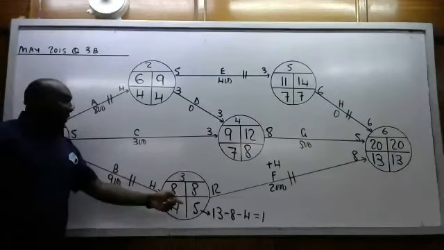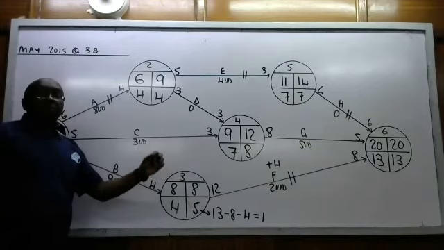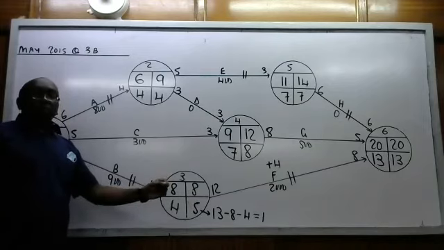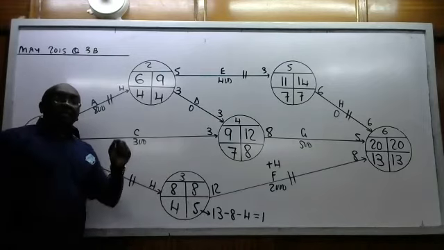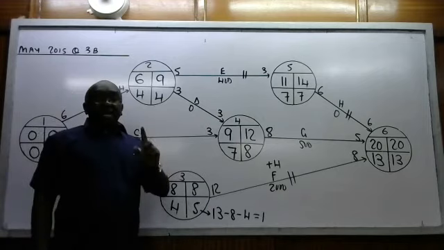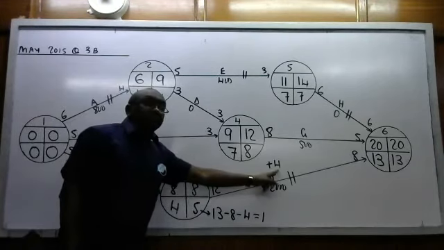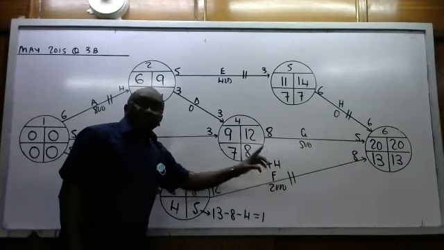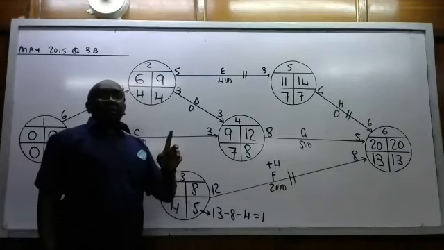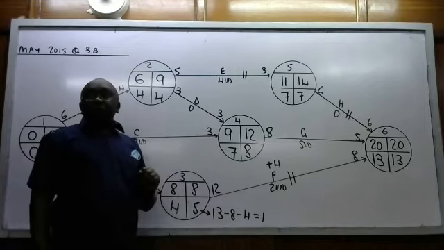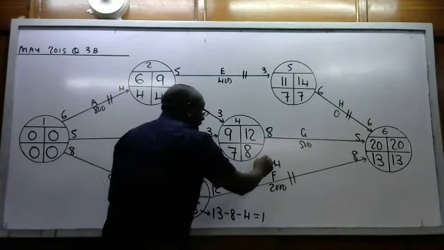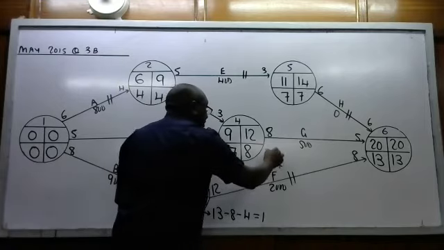In actual sense, F will be late by how long? 3 days. Now, it is late by 3 days because we have chosen to return how many days? 4. So that means we should have returned 1 day. So we come back here, we cancel this, we say return back 1.